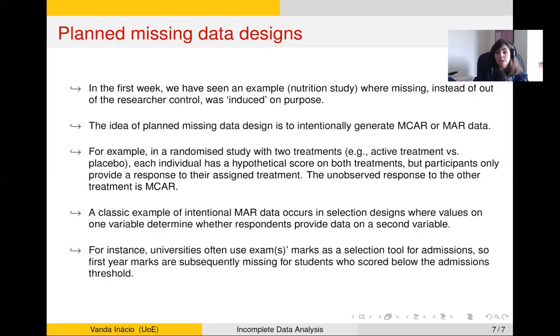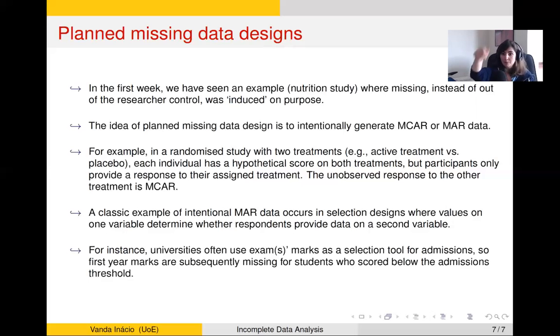And so those who are not admitted because their score was below the threshold would not provide a response to the second variable, if the second variable is the first year marks at the university, right?